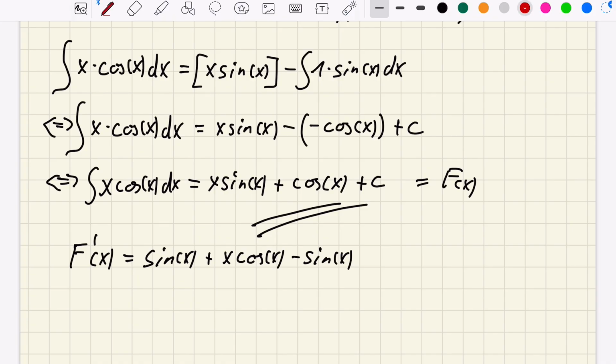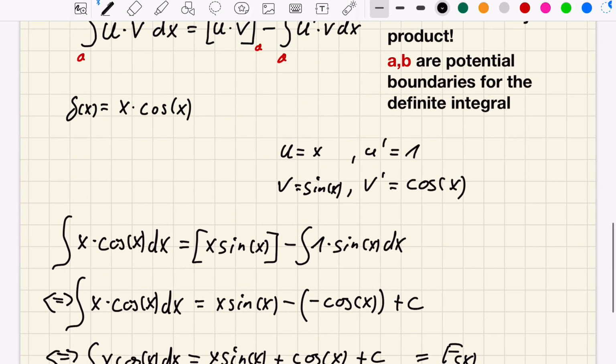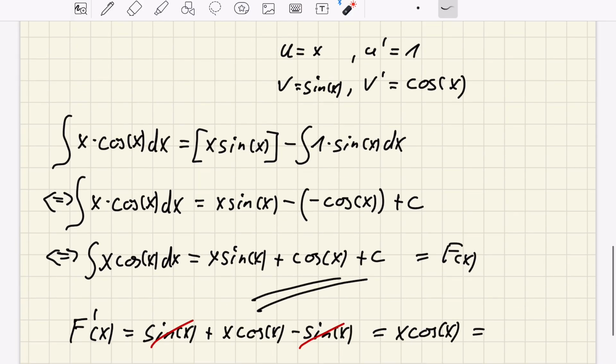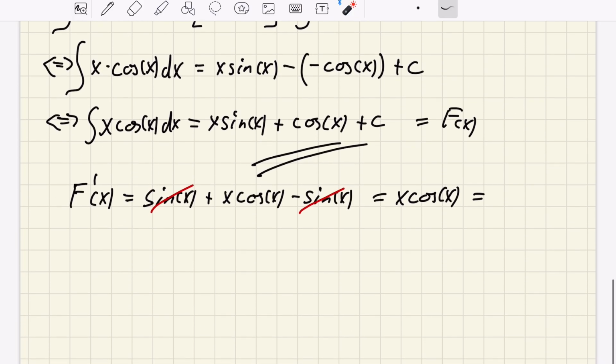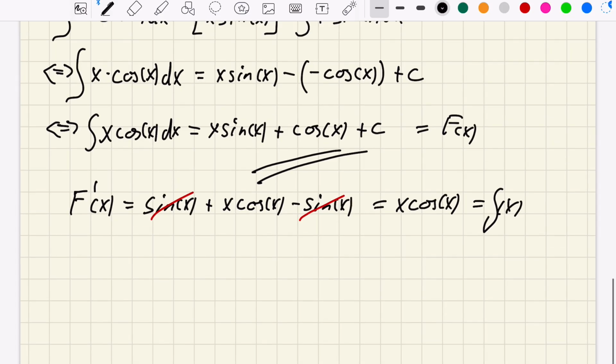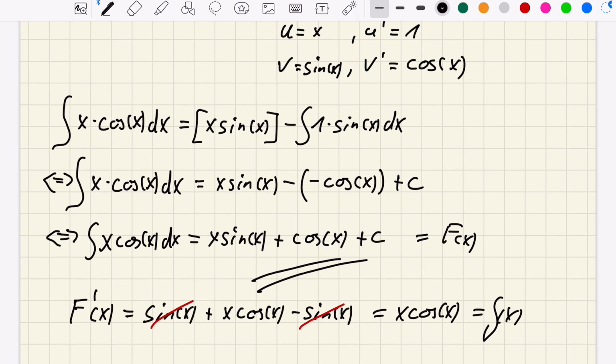And you see, sine x minus sine x is 0, and you're left with x cosine x, which is exactly what we started with. So this is our result, and you see the integration was successful.